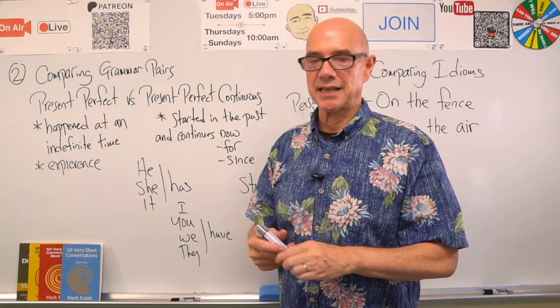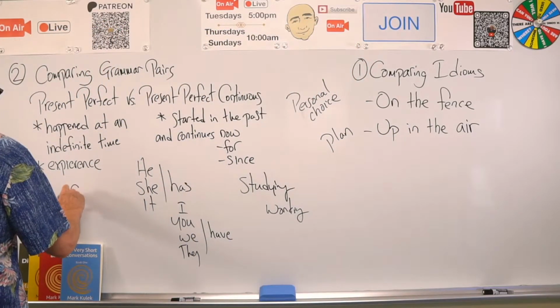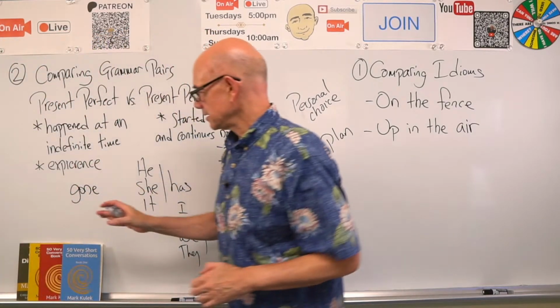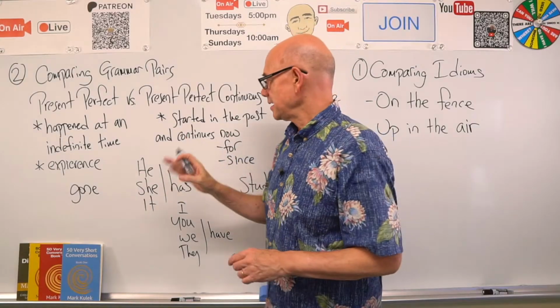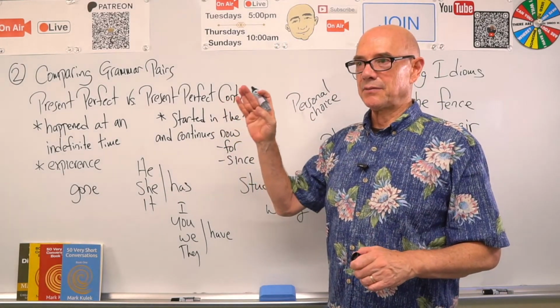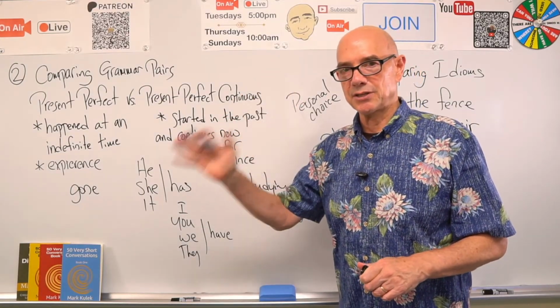Gone, that is the past participle, right? She has gone to the same restaurant for years. Here, she has been going to the same restaurant for years.